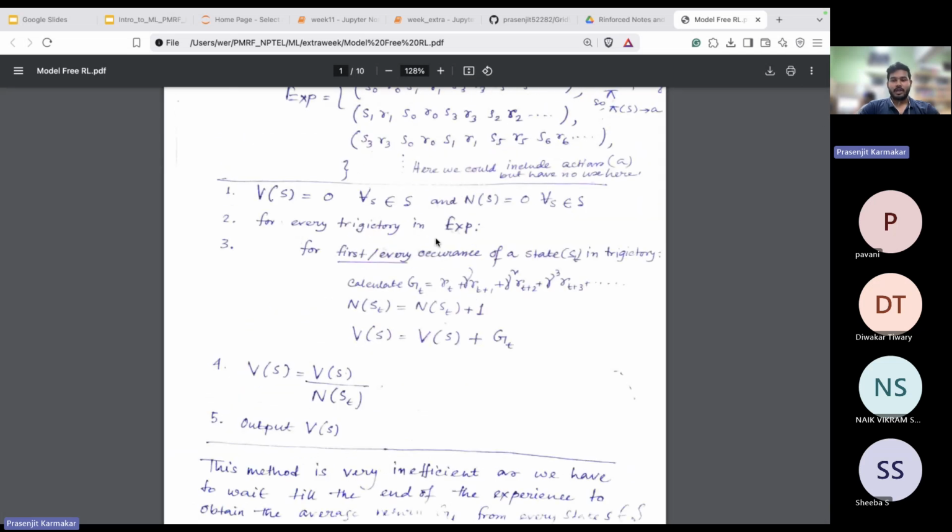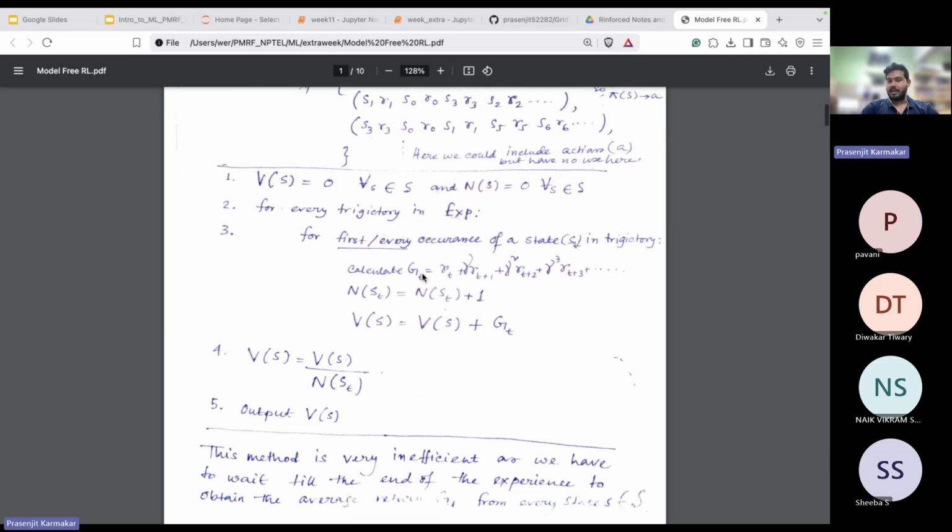So you have to collect a lot of experience, right? Let's say I collect 1,000 trajectories, and from those 1,000 trajectories I compute the total return and the total number of visits per state, and then just divide it to get an approximate value function. Now see, I don't have to know the transition dynamics.